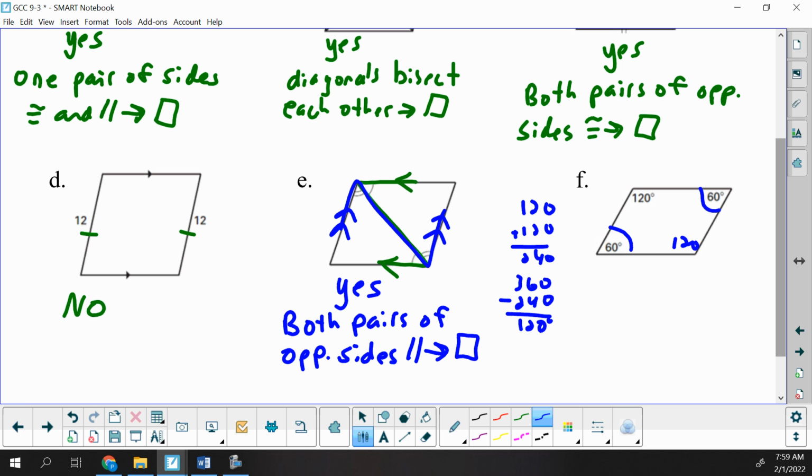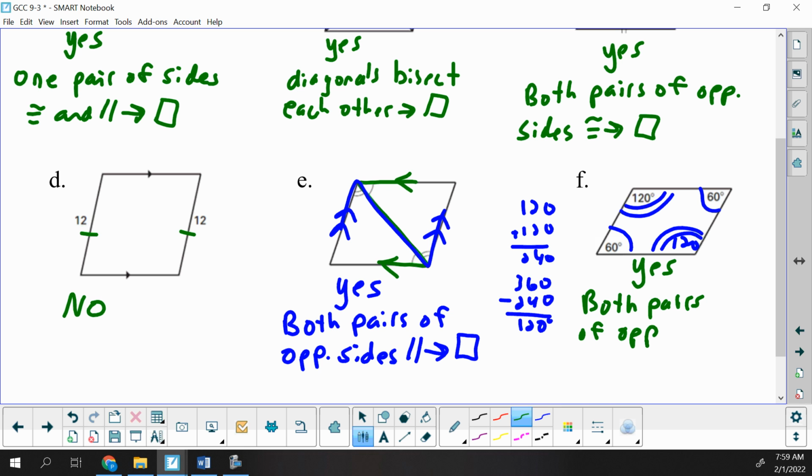So this one is 120 here. So we get another set of opposite angles congruent. So we're in good shape now. So yes, this is a parallelogram, and our reason would be both pairs of opposite angles congruent implies parallelogram.